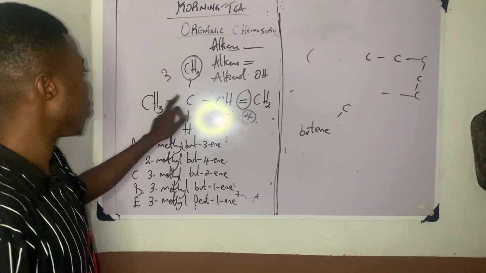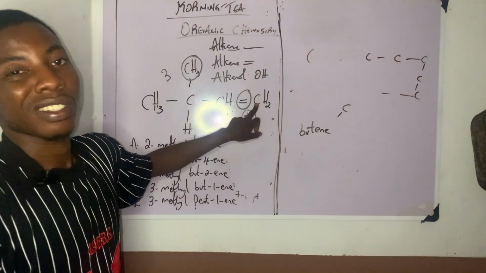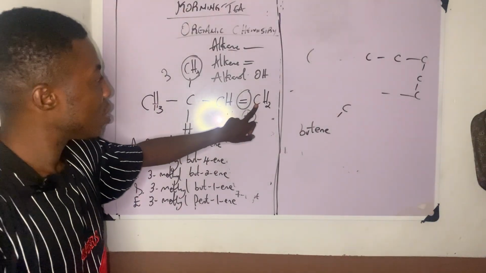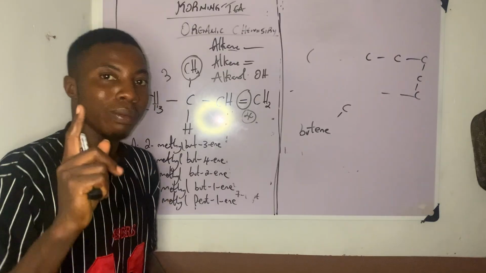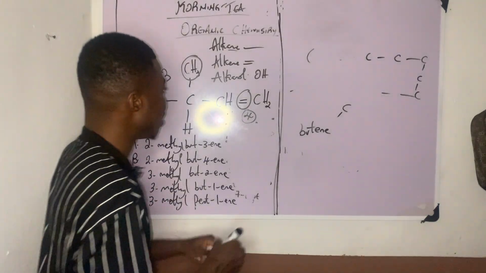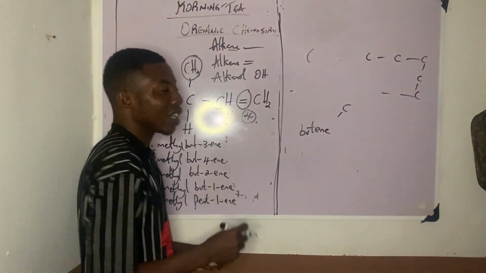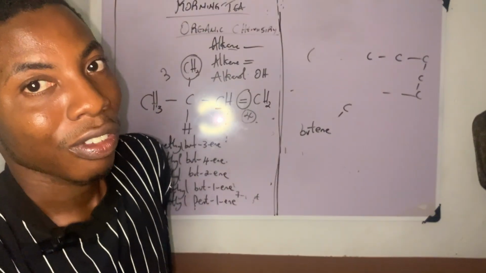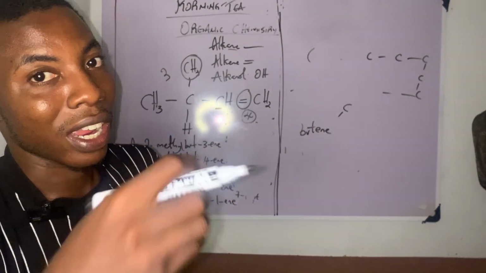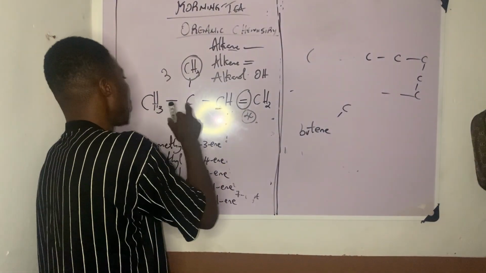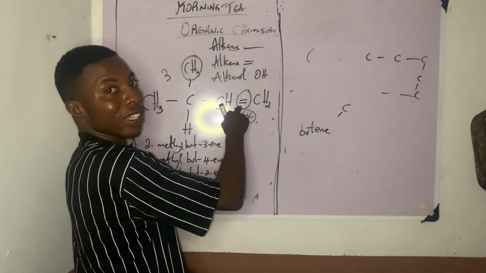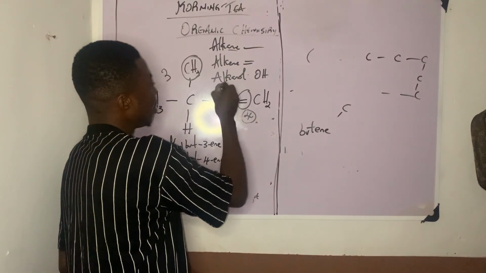We count 1, 2, 3, and 4. So coming here now, the carbon that will be carrying the double bond is the one that matters. Any carbon you count first before a functional group is the one carrying it. So count is 1, 2, 3. This one is carrying it. That means this is found at number 3.